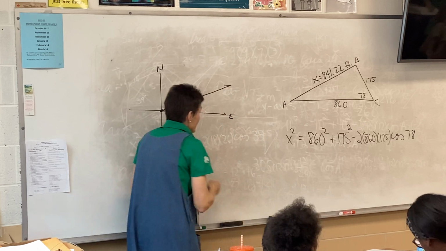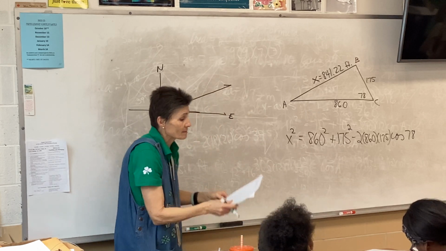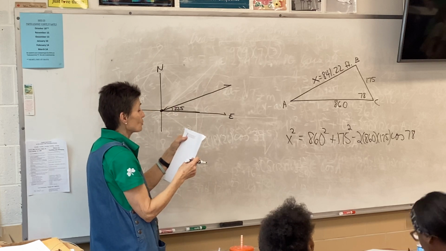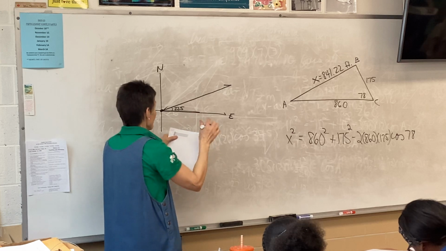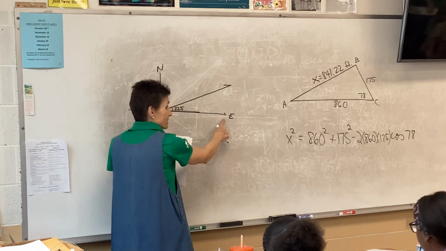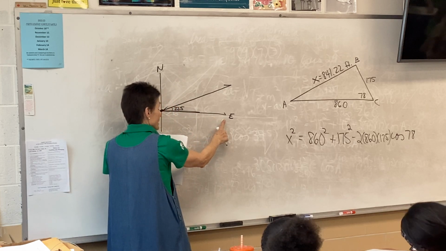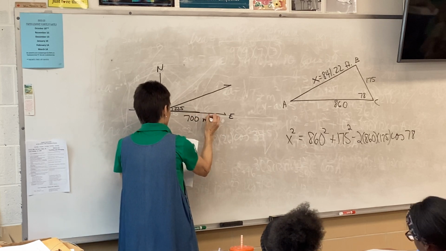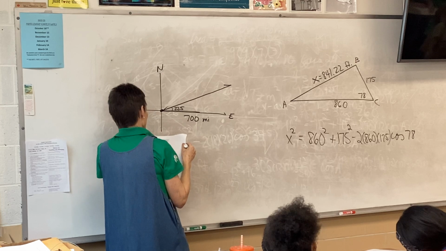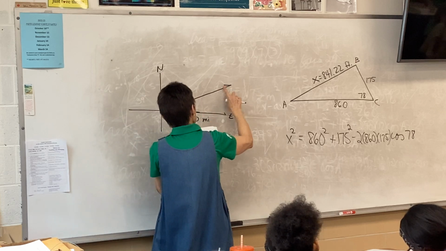Now, what do I know about these planes? They are gonna fly for 2 hours. So the first plane going due east is gonna go how far in 2 hours? 700 miles. The other one is gonna go how far in 2 hours?